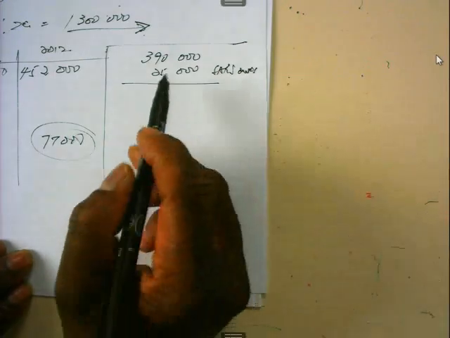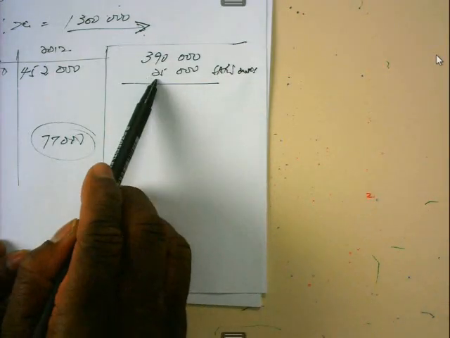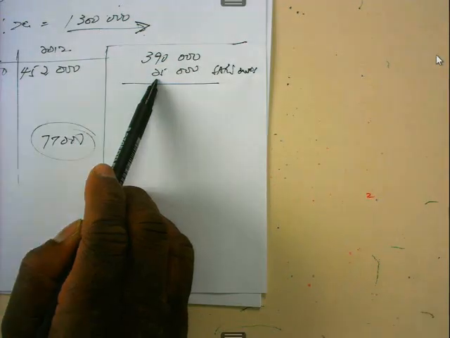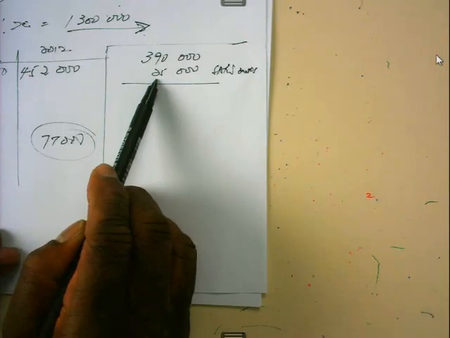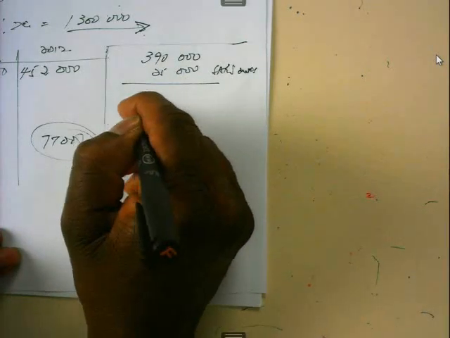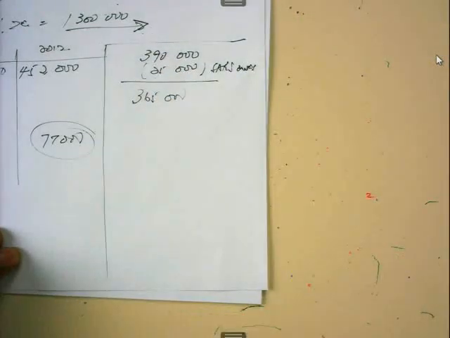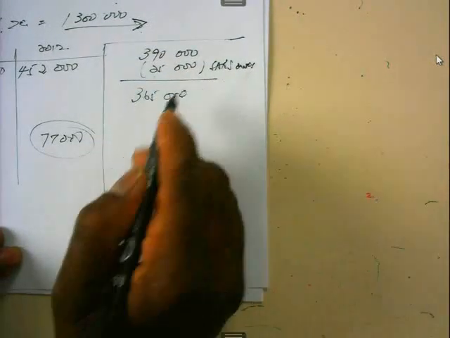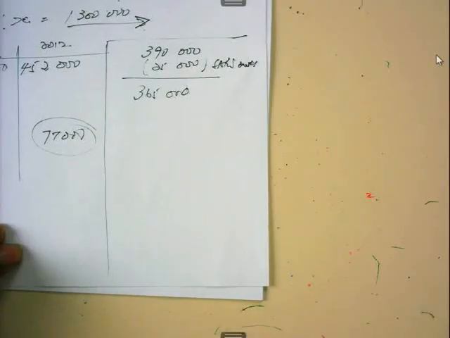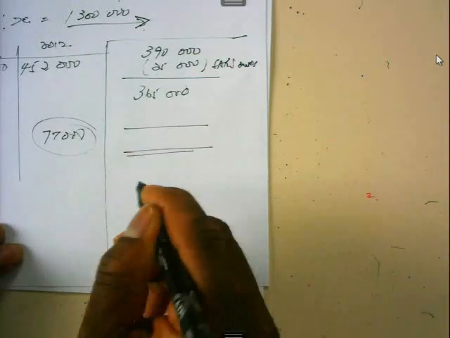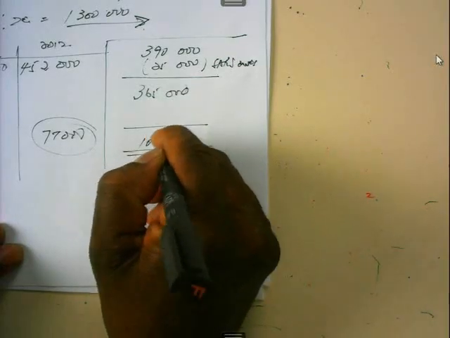All you need to do is to top up this 25,000 that you have already paid in a way, with how much? 365. Take out what SARS owes you. So in essence, you now owe SARS 365,000, all right?